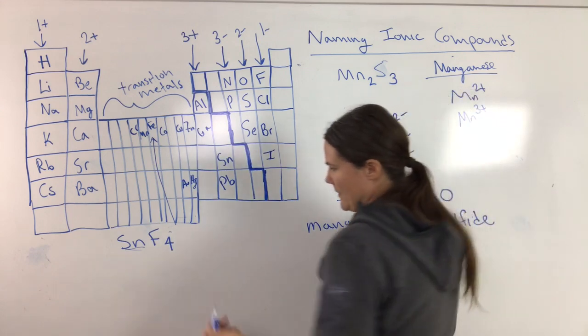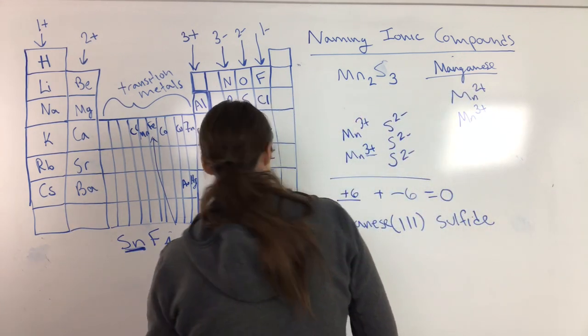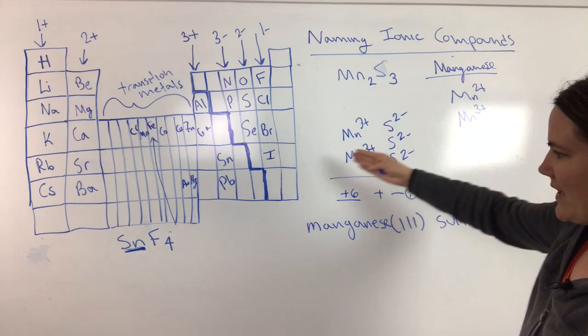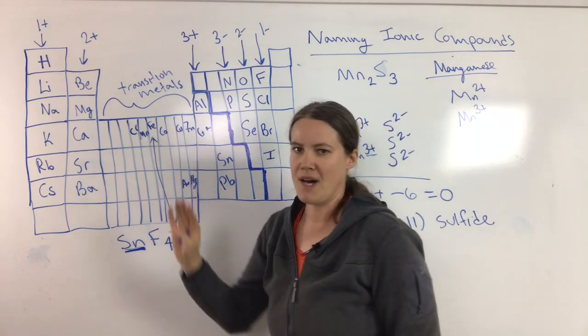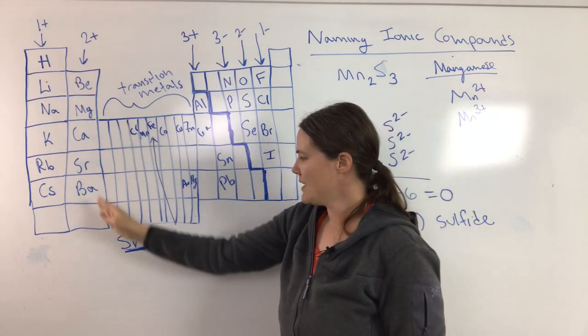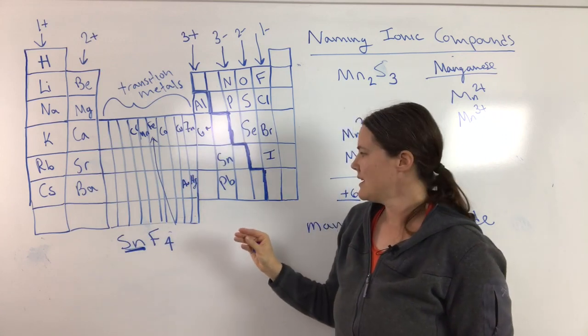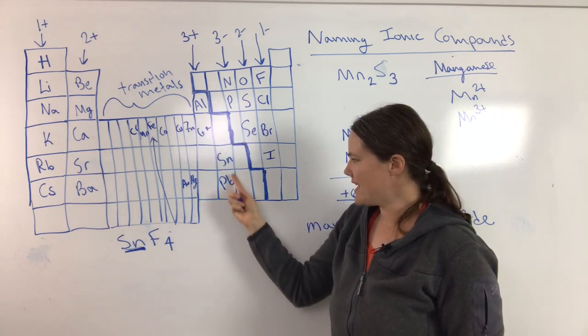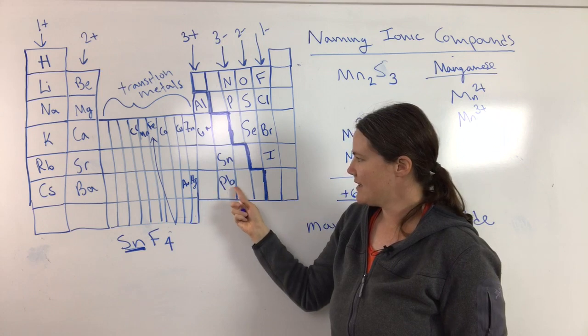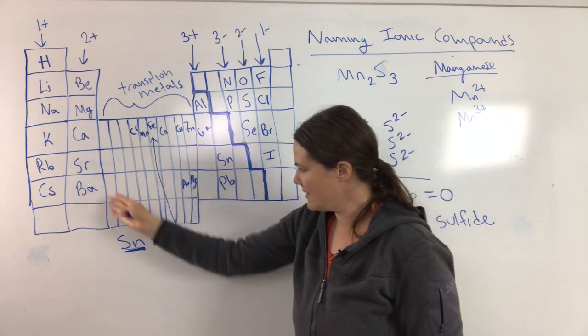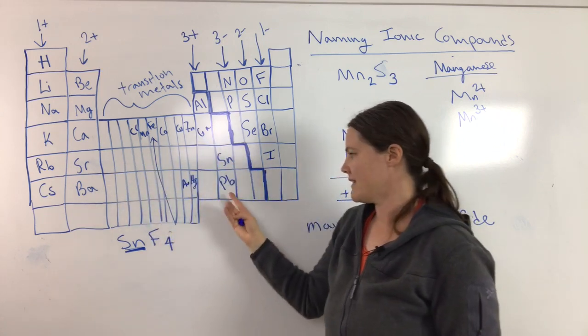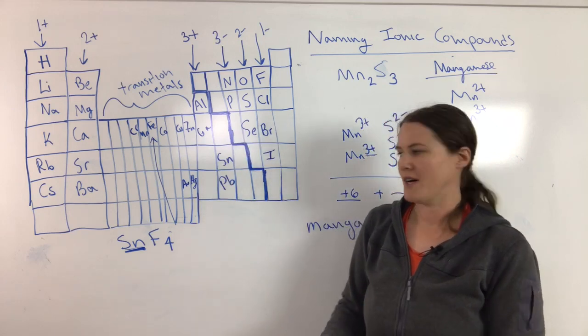So to name this, we need to figure out, okay, do any of these elements have multiple ions that they can form? Well, this one's a little bit tricky because before we were figuring out, okay, if it's a transition metal, it pretty much can form multiple ions. But it turns out that tin and lead and a few others act like transition metals in that they can form more than one ion.